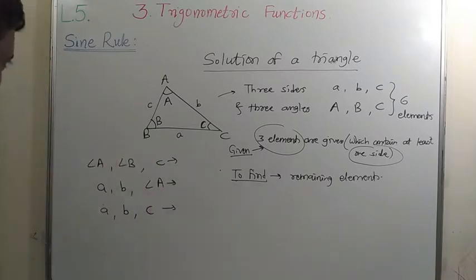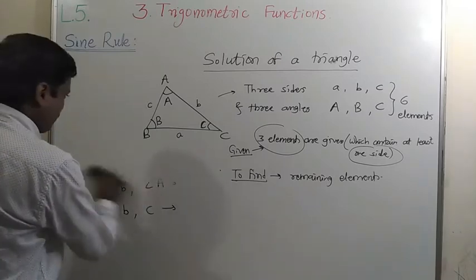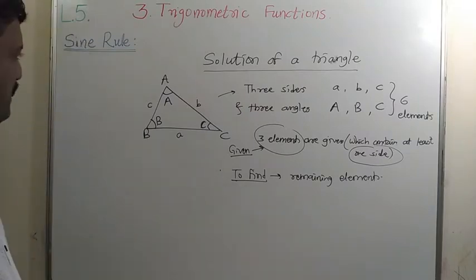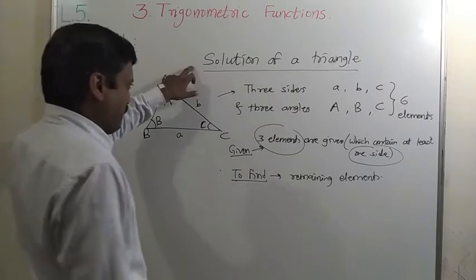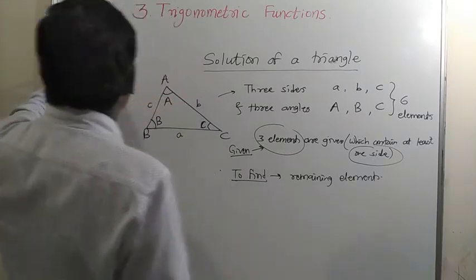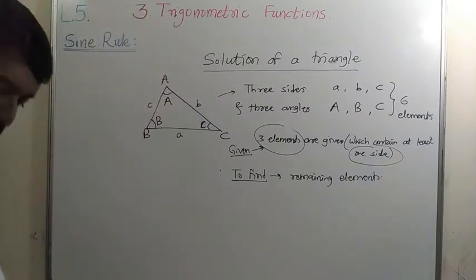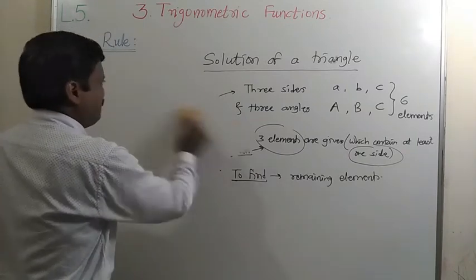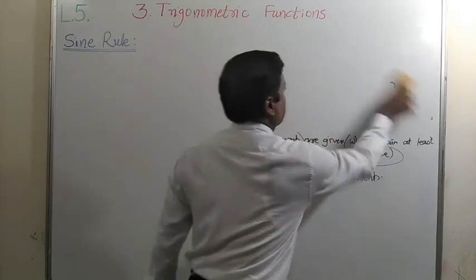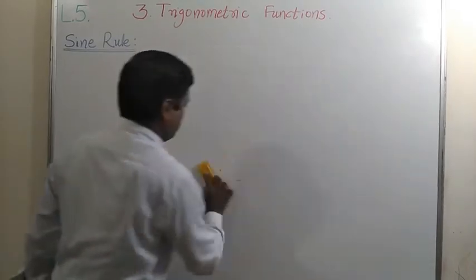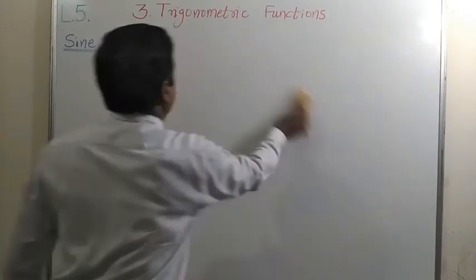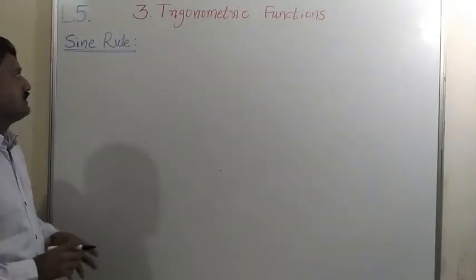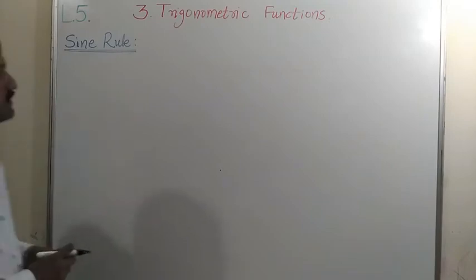So this is our main objective, to find the solution of a triangle. And for this we will use the sine rule. Let us see what that sine rule is. Our today's intention is the sine rule.